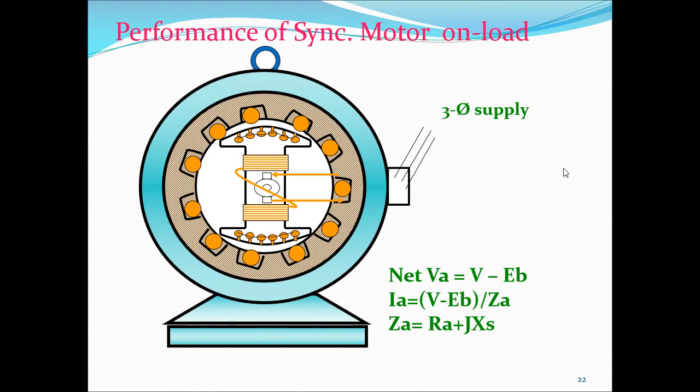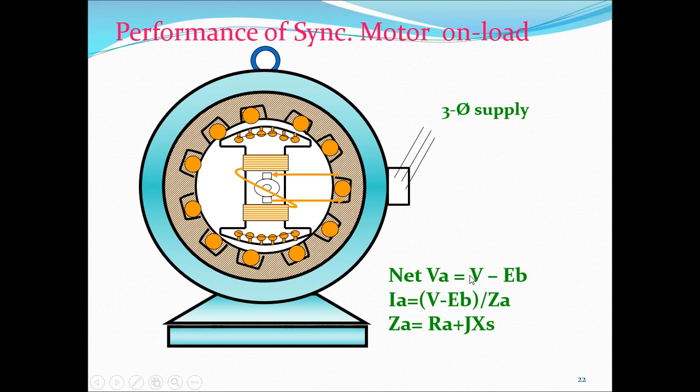So on these factors the back EMF is produced in the armature, and this back EMF is always opposing the supply voltage. So the difference of these two, supply voltage and back EMF, gives the resultant voltage which is available at the armature.